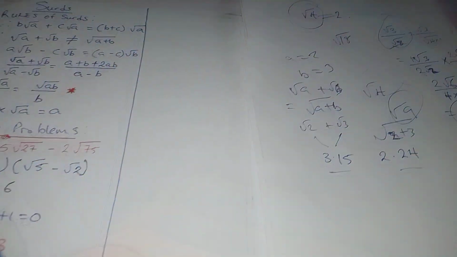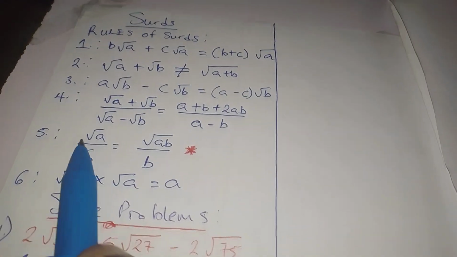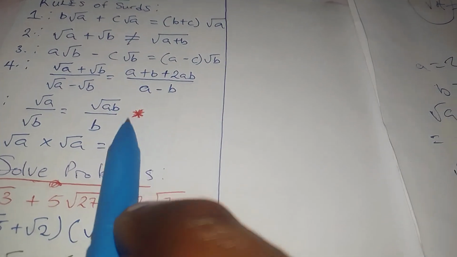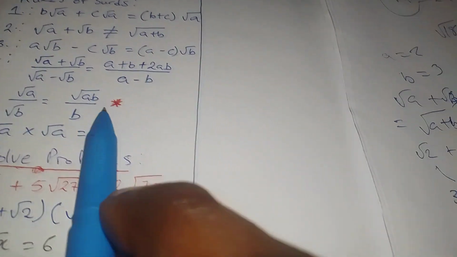Now as we have used the rules earlier, will I get the same answer? Remember, the rule states that the square root of a divided by the square root of b equals the square root of ab divided by b.